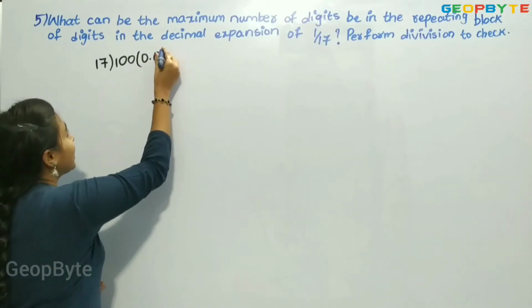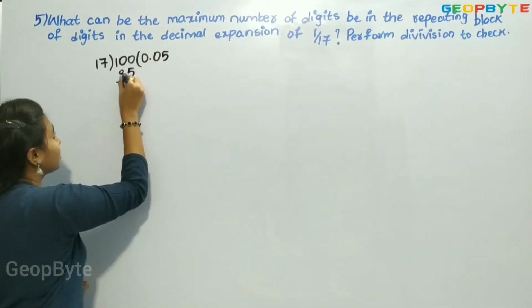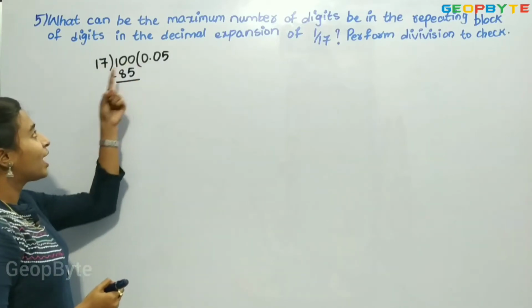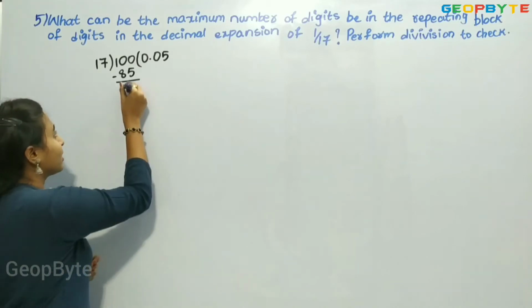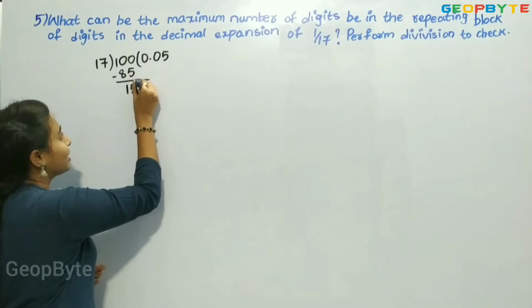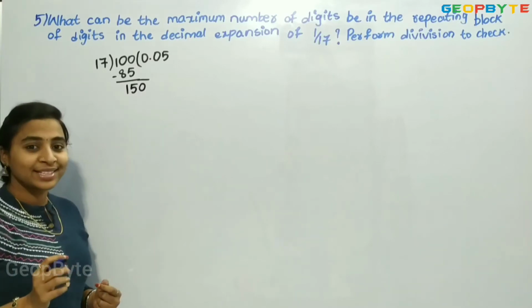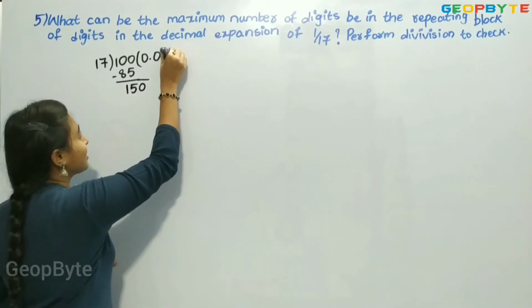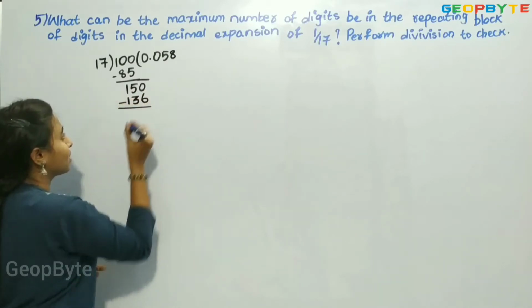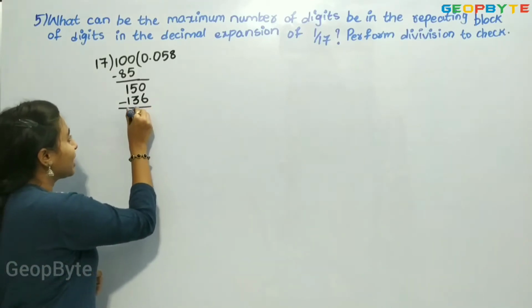Now 17 5s are 85. 100 minus 85, 15. Now let us take a 0. Now 17 8s are 136. 150 minus 136, it is 14.